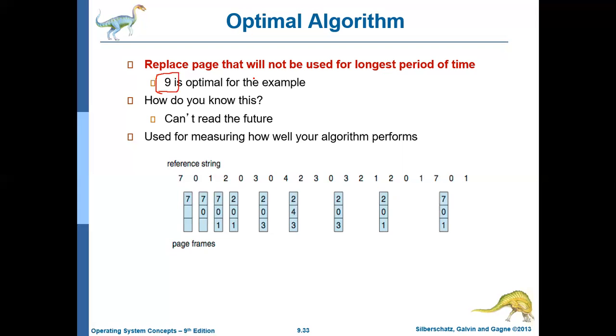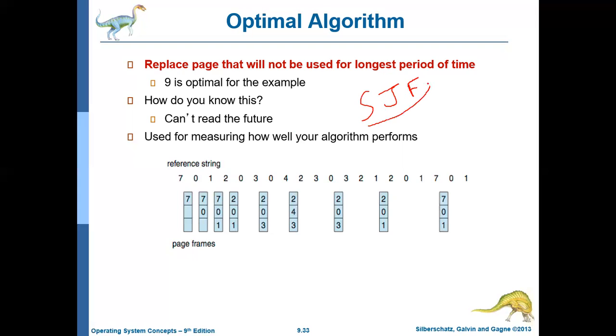Okay, so optimal replacement algorithm can be treated as a reference point to measure the performance of other algorithms. Previously also in one of the CPU scheduling algorithms we faced this problem, in SJF, shortest job first algorithm, you don't know which job is shortest.